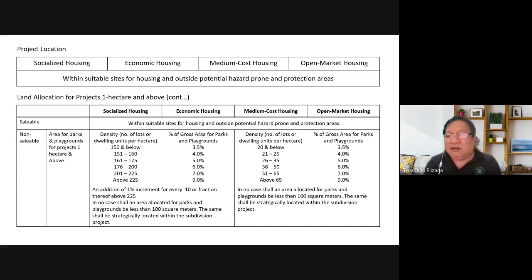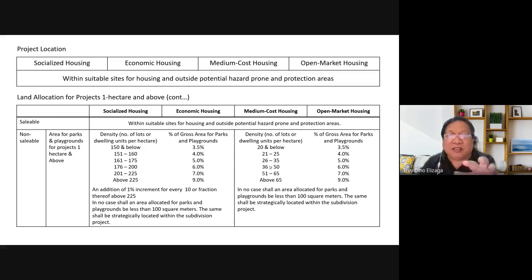Okay. So 2,100 for row house, 2,100 for single attached duplex, and like 2,800 square meters for the single detached. We have here later the minimum area for each of these: single attached, single detached, and row house.